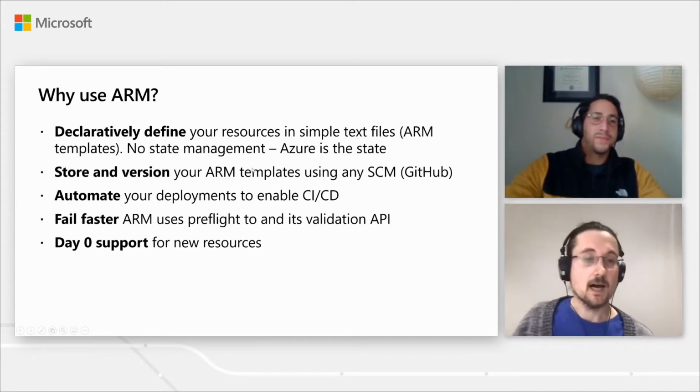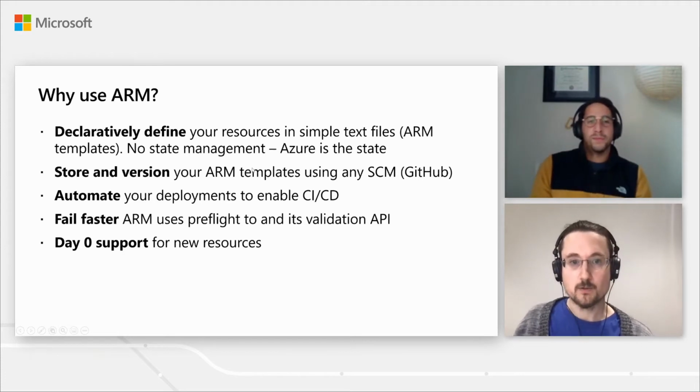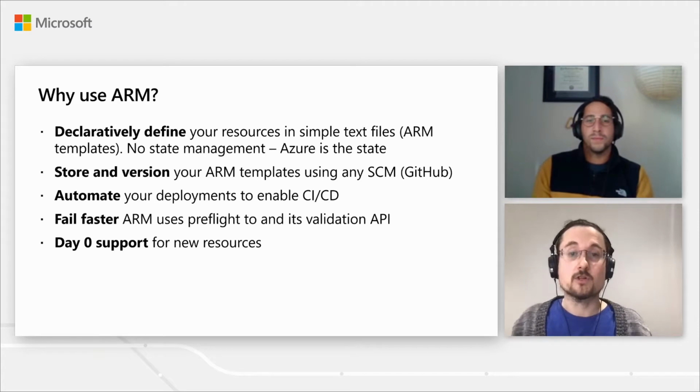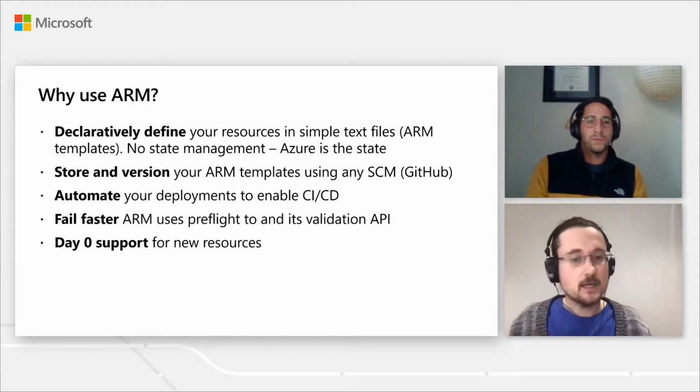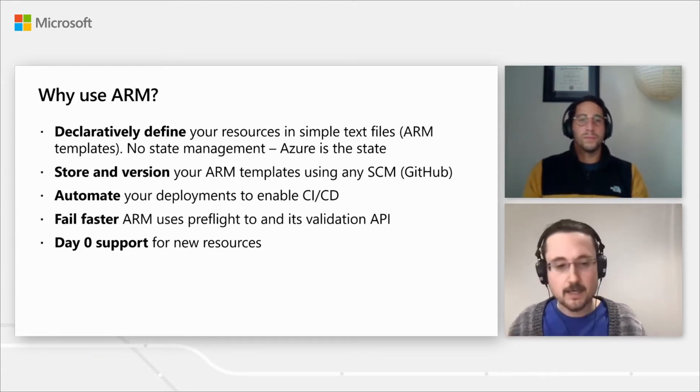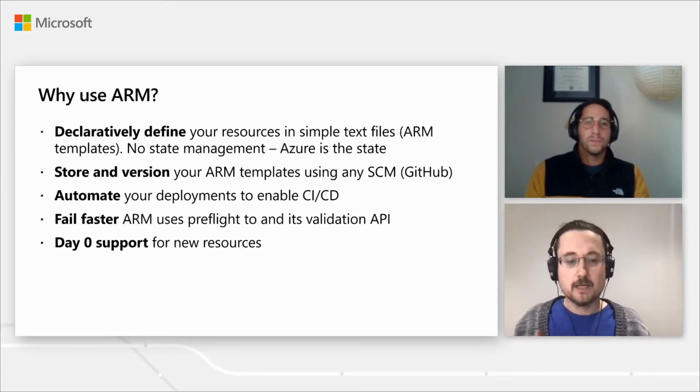For sure. There are many reasons why you should be using ARM. One of them is the fact that you're able to store your infrastructure in text files, which means that you have an idea of knowing what you've actually put in the cloud. It's not the same thing as maybe using a state file. That's another version of using IaC, but you can definitely have an idea of what you've done.